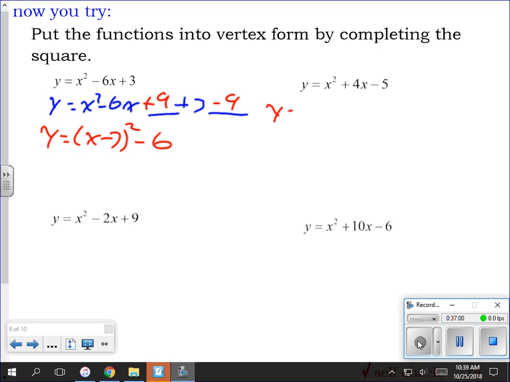Same thing on the next one. Y equals x squared plus 4x blank minus 5. Half of 4 is 2. 2 squared is 4. So I add 4, which means I have y equals x plus 2 squared minus 1.